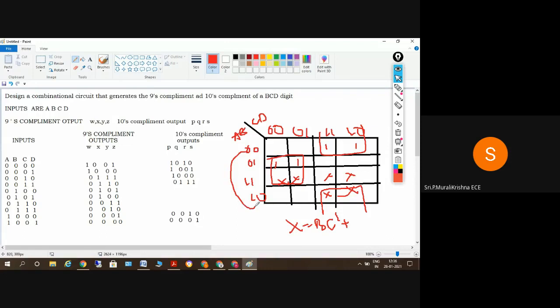Okay, so we'll get B bar C. Okay, so X is equal to B exclusive OR C. Okay, so this is the case with X here. Okay, so W is equal to A bar B bar C bar, and X is equal to B exclusive OR C. Okay, and next coming to Y here.